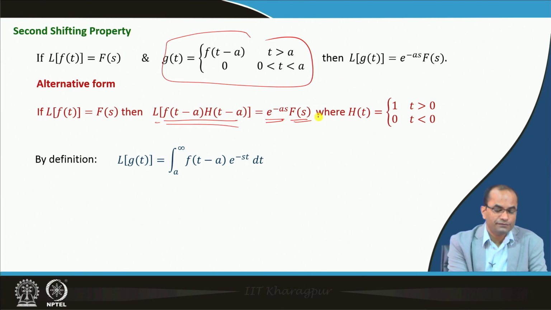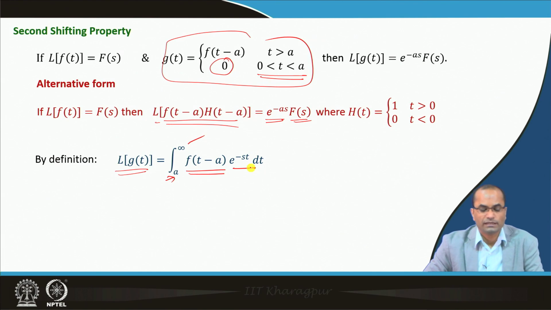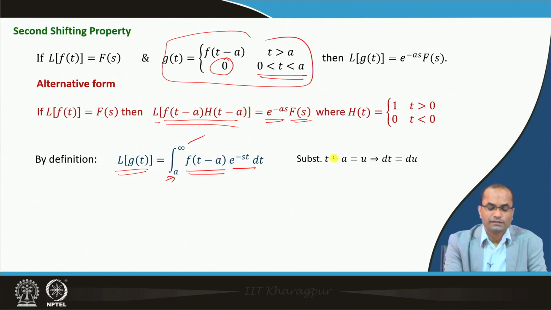By definition, if we take the Laplace transform of g(t), because in 0 to a the value of the function g(t) is 0, the integral will start from a to infinity and the function is f(t − a) e^(−st) dt. And if we substitute this t minus a as u, that means dt is du.